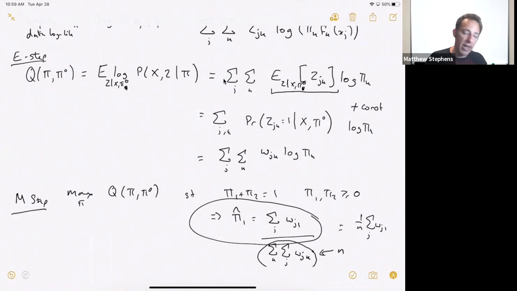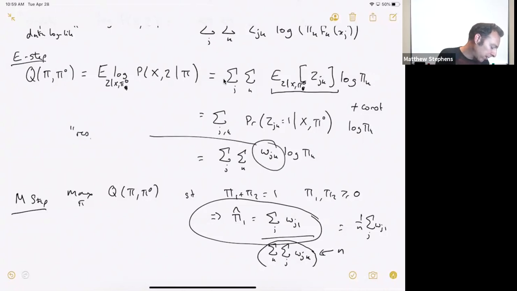The W's have a name, or sometimes anyway, they're called the responsibilities. The reason they're called that is it's like how responsible is component k for observation j. If Wjk equals 1, it's like we know component k gave rise to observation j, so it's completely responsible. But if Wjk, let's say, is a half for each of the 2 components, then each of the components is 50% responsible, because really it's about uncertainty in its responsibility.